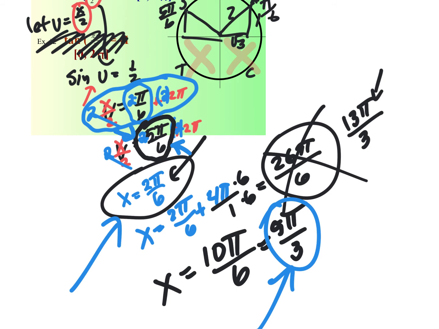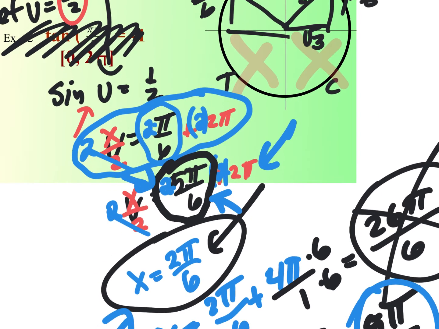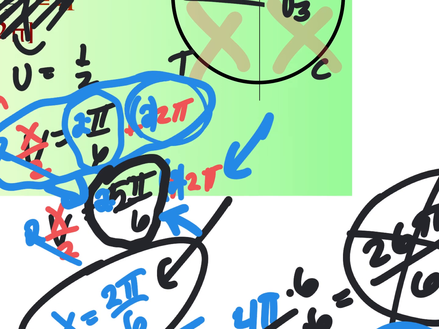The next answer we would get would add the 2 pi to it. The adding 2 pi only happens to try to generate more answers. All right, so only the original 2 answers worked. This whole adding 2 pi thing was just a huge waste of time because it ended up making answers that were too big.